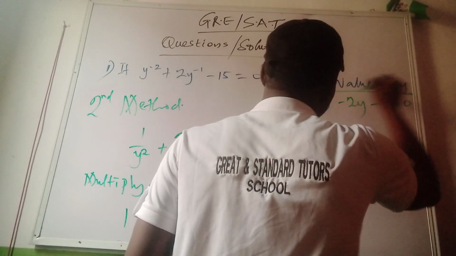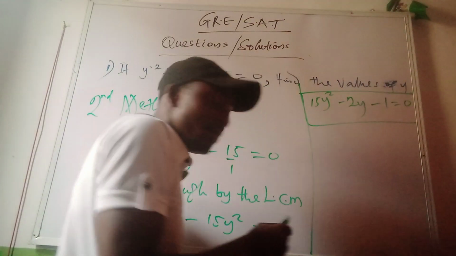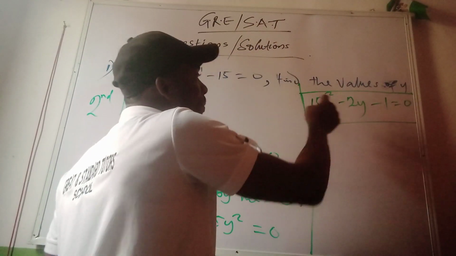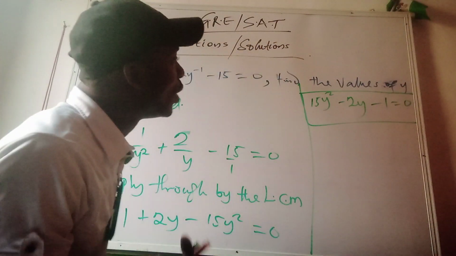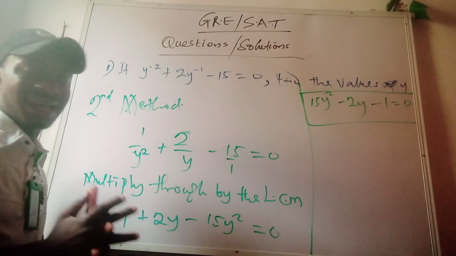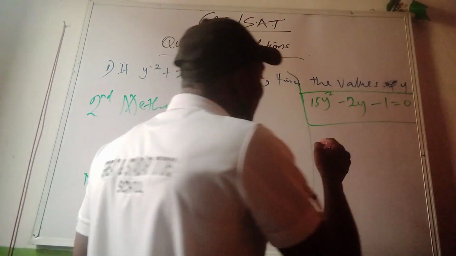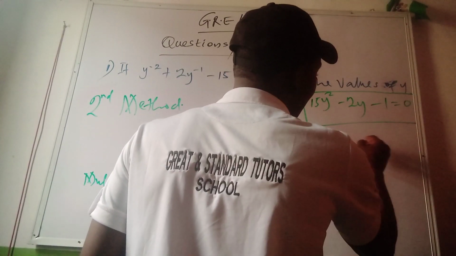We have gotten to quadratic level now. We apply the same method we applied the other time. When you multiply this and this, we get minus 15, and the middle is minus 2. What are the two factors that will give you minus 15 and minus 2? The answer is minus 5 and 3.